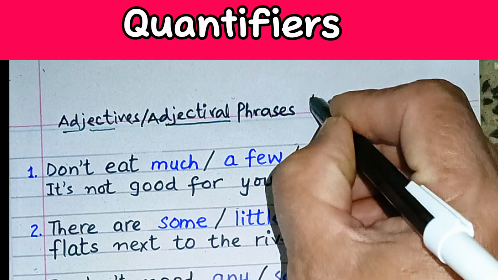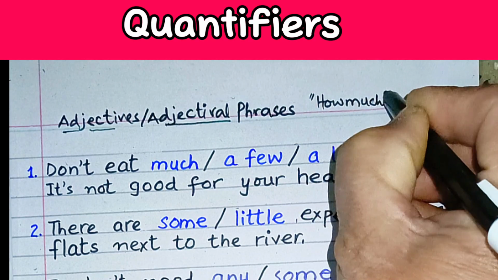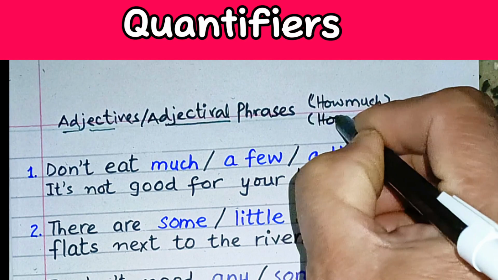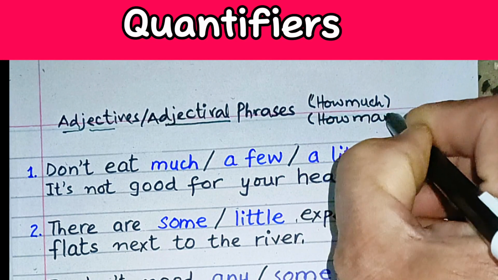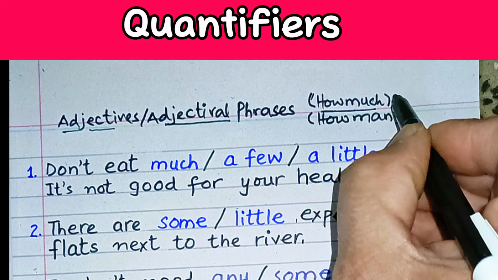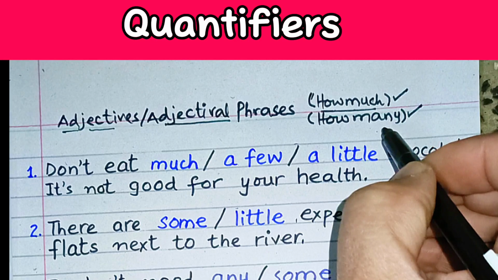So there are two key questions: how much or how many. From the very structure, it is quite clear that how much shows quantity and how many shows number.